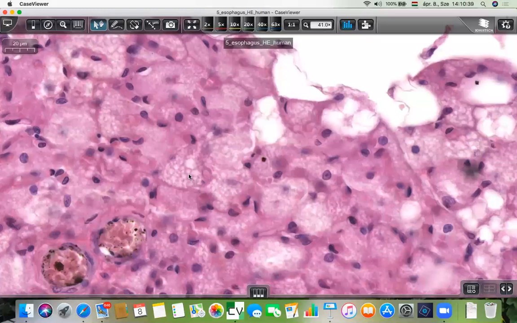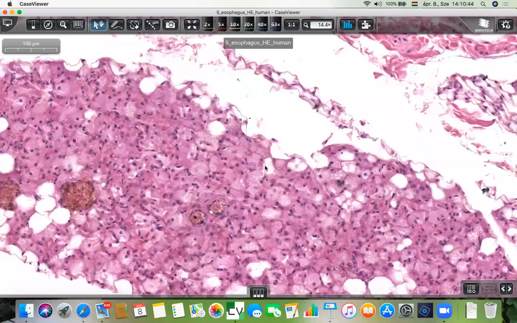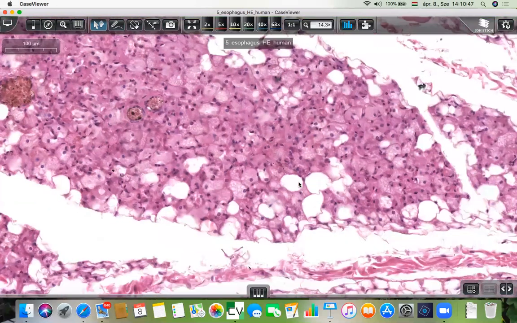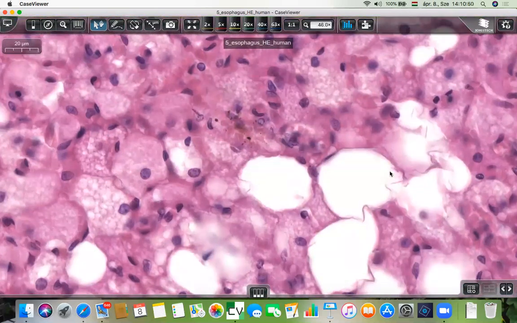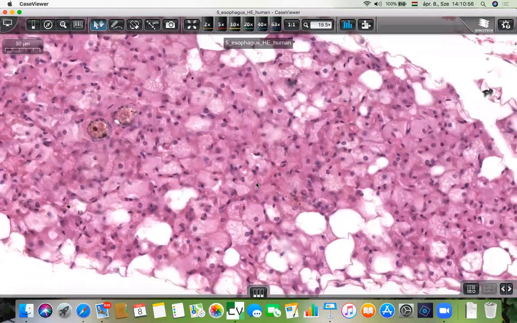So many fat droplets are presented in one cell, and among the brown adipocytes we can find some white adipose cells as well. You know, the brown adipose tissue is for heat production, while the white adipose tissue is for energy storage.